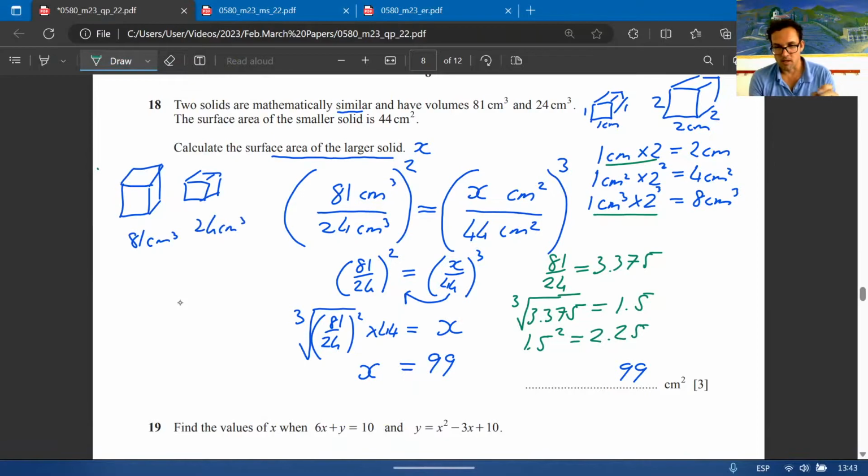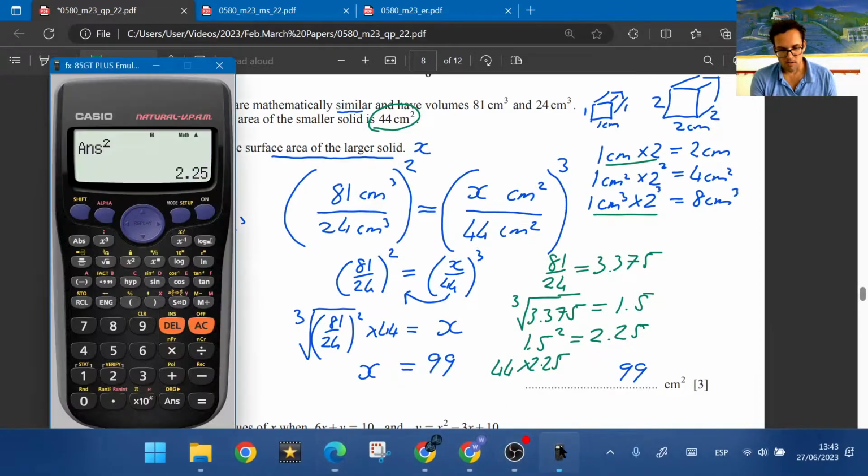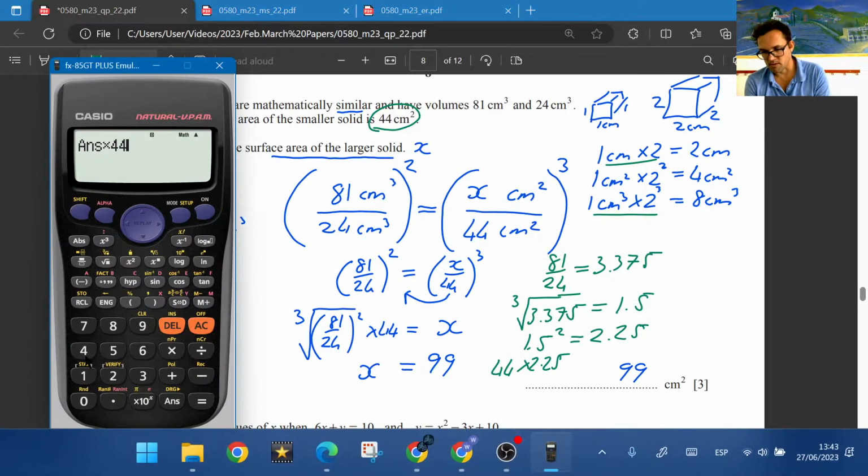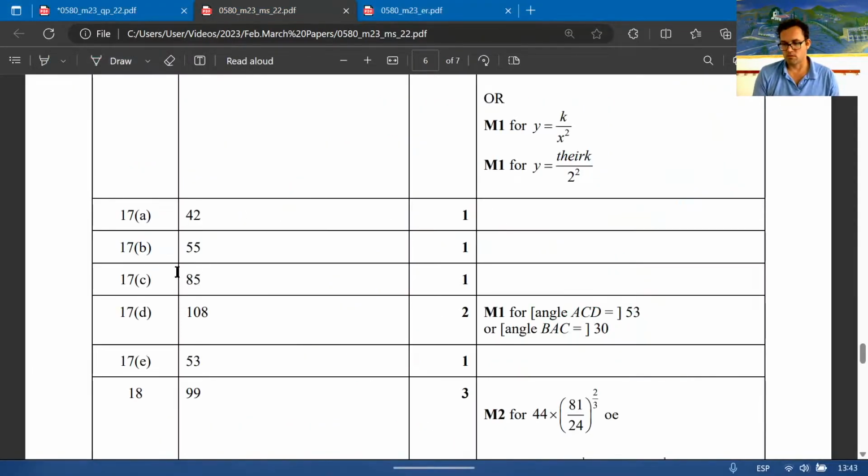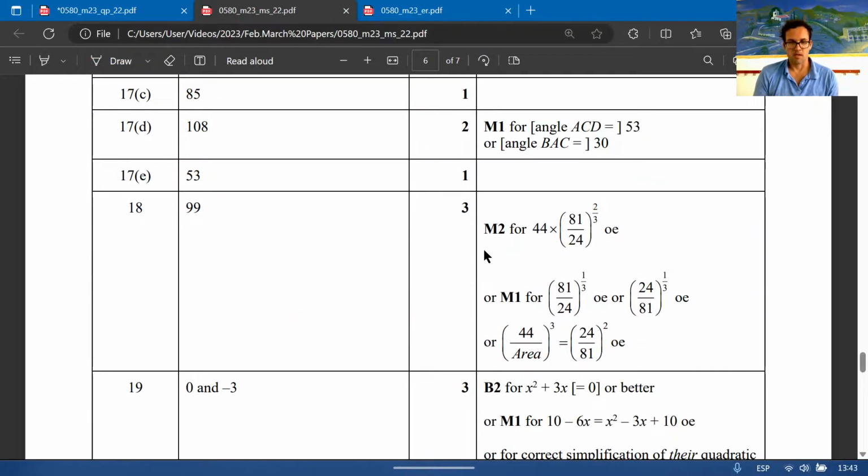So finally, we just take the surface area of that one, 44, and we times it by the scale factor, and we get the same thing. Okay, it's two ways to break the same egg. Okay, there we go.